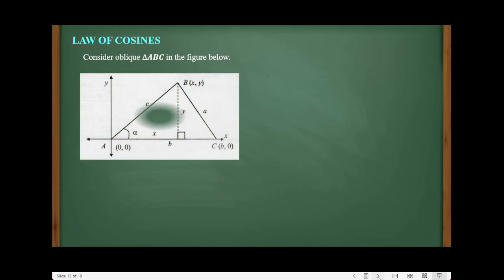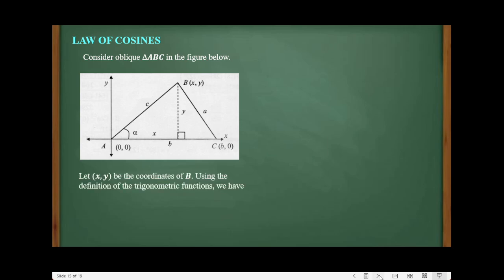What you see right now in this presentation is actually the derivation of the law of cosines. I think we will have a separate video for the discussion of this formula. But for now, let us focus our attention on solving the oblique triangles applying this law of cosines.